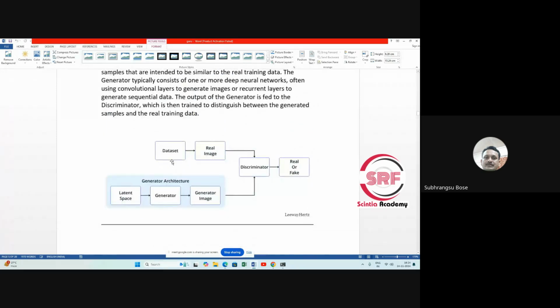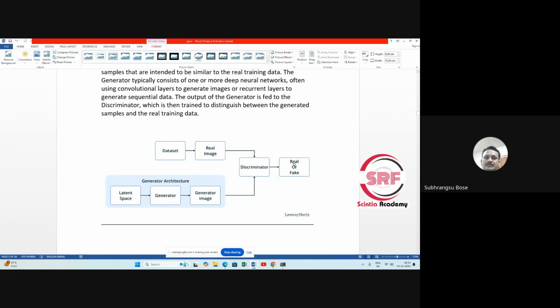This is another layout of the generator architecture: latent space, where we have some input noise, the generator image, and again the discriminator deciding real or fake.